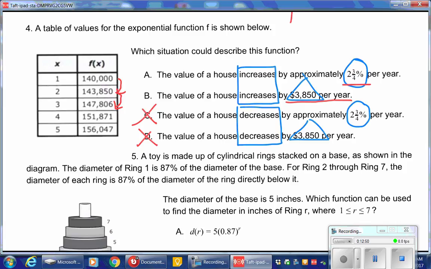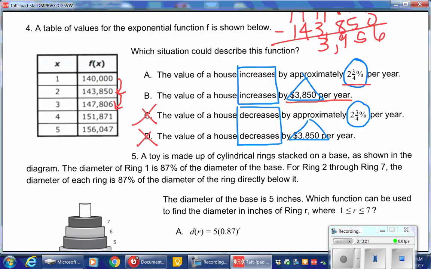If I have 147,806 minus 143,850, that's 3,956.